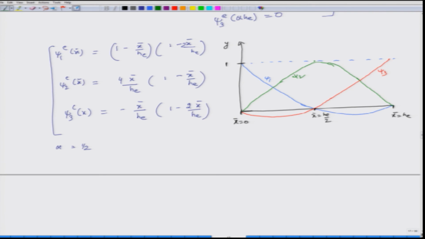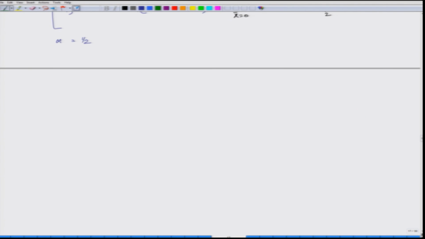So, once again you see that these shape functions have a value of unity at specific nodes, and at other nodes they are 0. So, very quickly we will cover these properties.